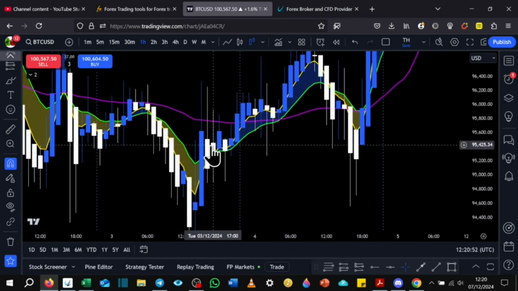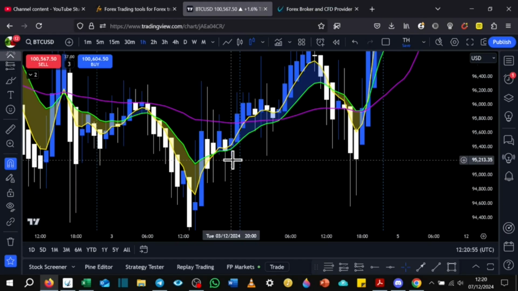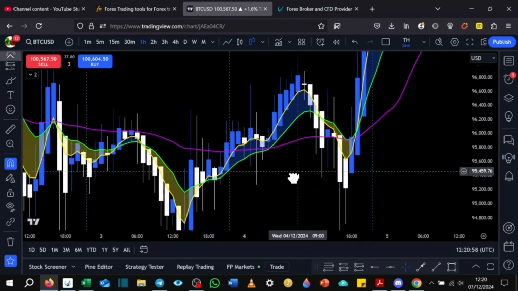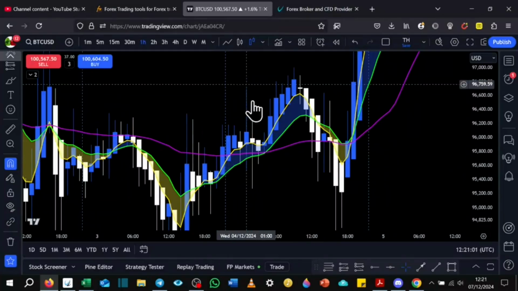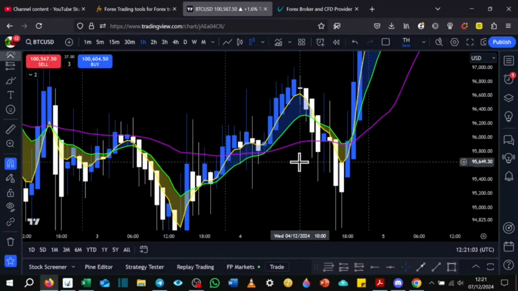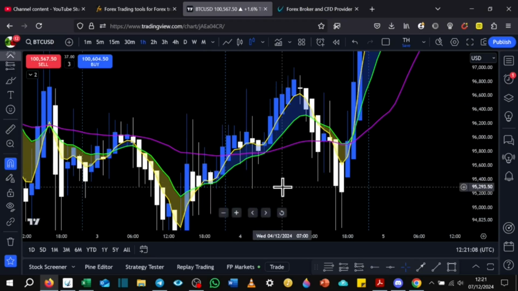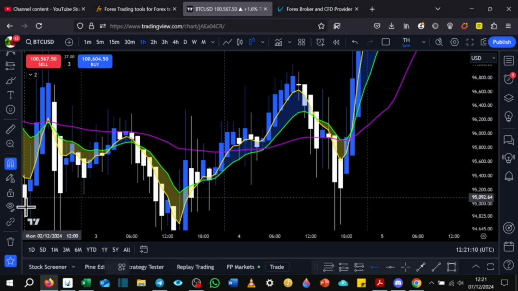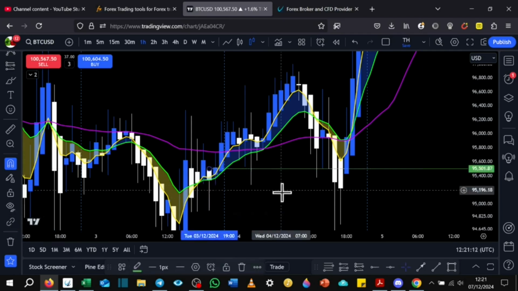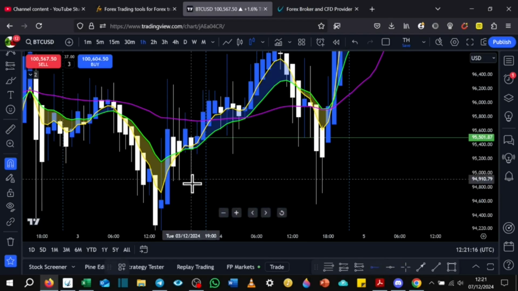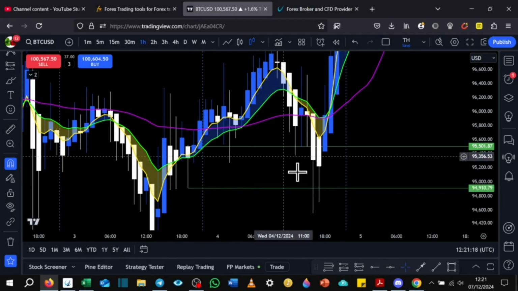we have the 5 and the 13 EMA crossover. We've then crossed the 62 EMA. So then we're anticipating a pullback to the last down candle before this up move, the institutional candle, which is here. And then play it safe, stop loss can be there.